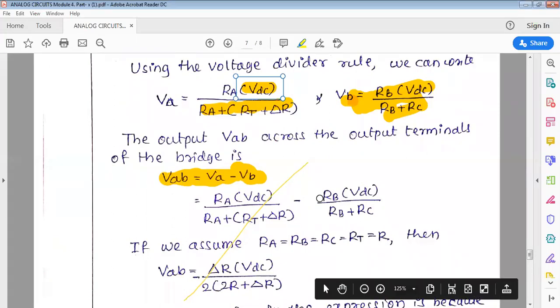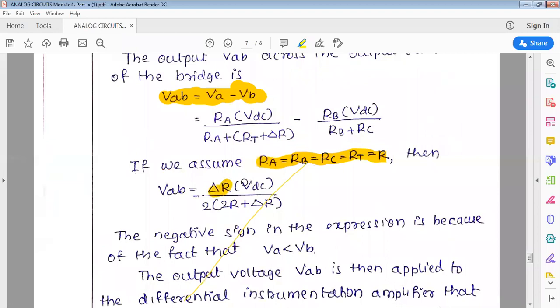So, in this simplification, we are assuming that RA equal to RB equal to RC equal to RT, and that is equal to R. If I substitute this assumption here, I can simplify VAB as VAB equal to minus delta R into VDC divided by 2 into bracket 2R plus delta R. Finally I'll be getting VAB equal to this term.